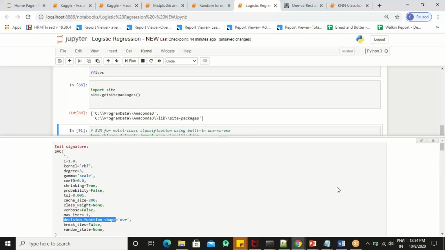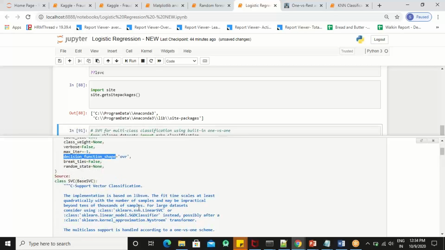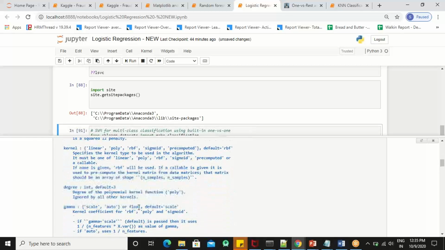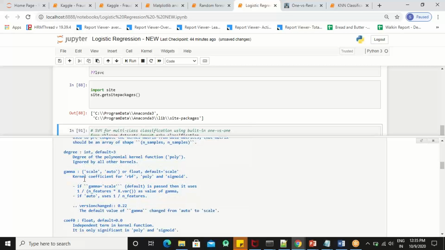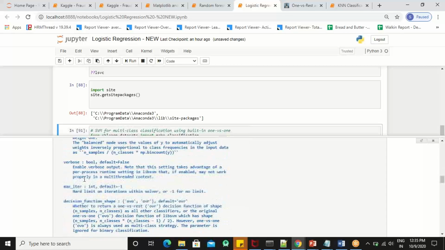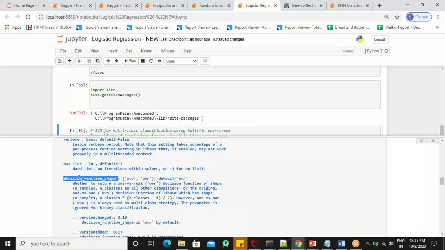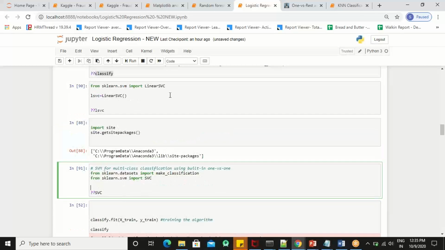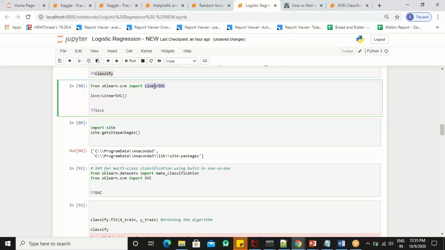Okay, so as we know, not only different languages, rather different model packages have different ways of passing the value. So this is another place, where it's asking OVO and OVR in the decision function shape. But it all depends on what you're trying to do, because here I was using LinearSVC.